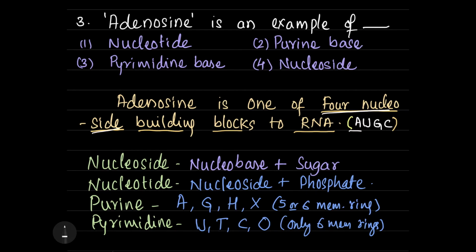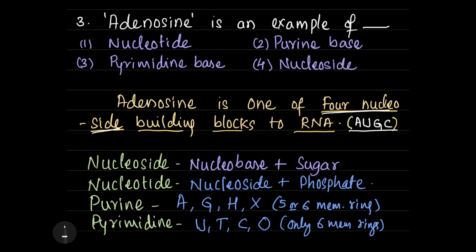Those are A, U, G, C. What do A, U, G, C mean? These are the bases required to form RNA. RNA means ribonucleic acid. A, U, G, C stand for adenine, uracil, guanine and cytosine.